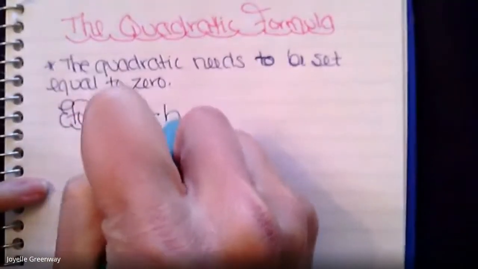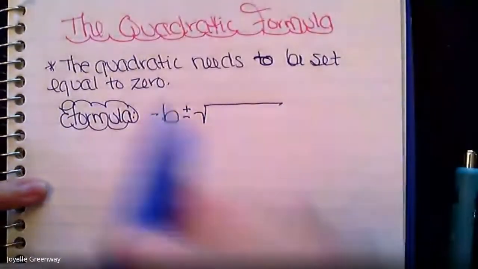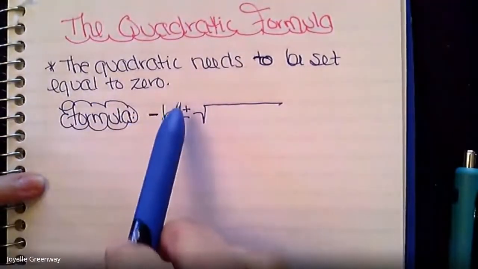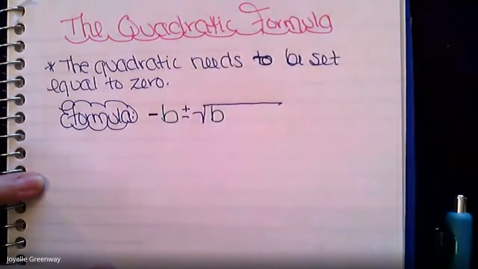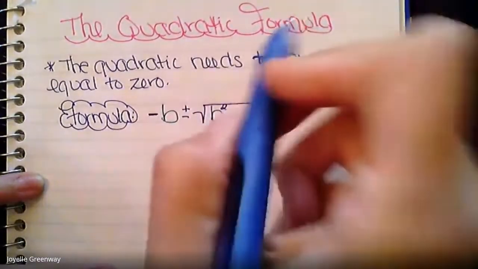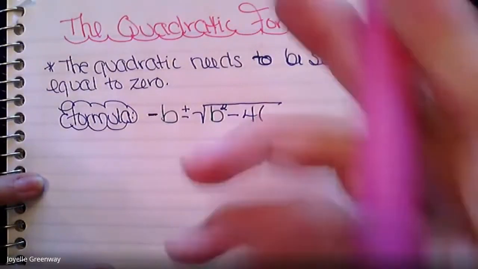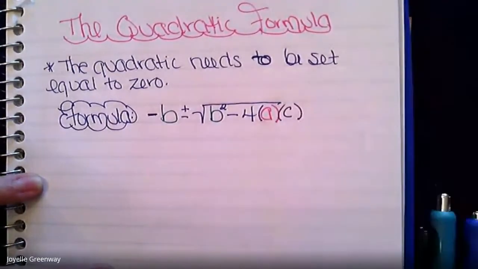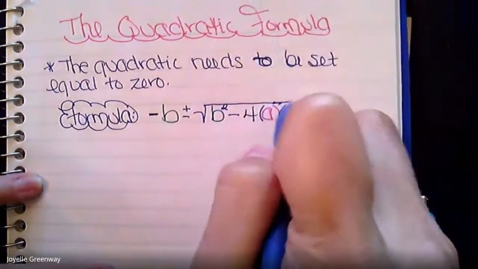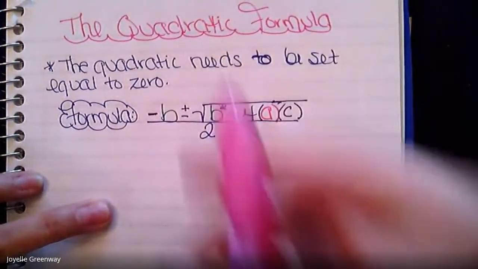So we have negative b plus or minus the square root of b squared minus 4 times a times c, and all of that is divided by 2 times a.